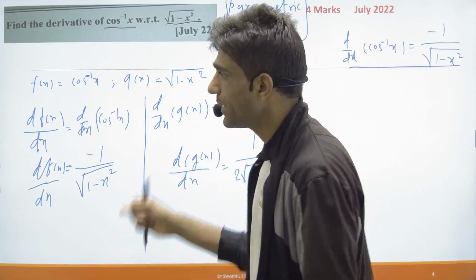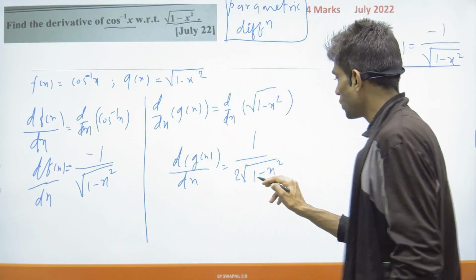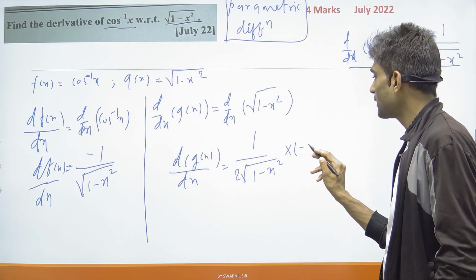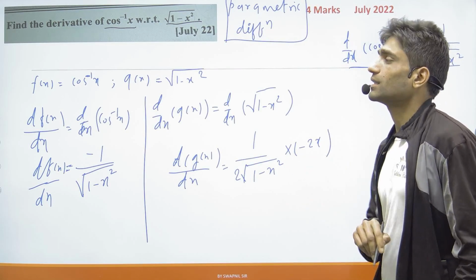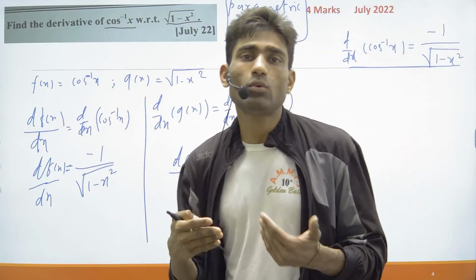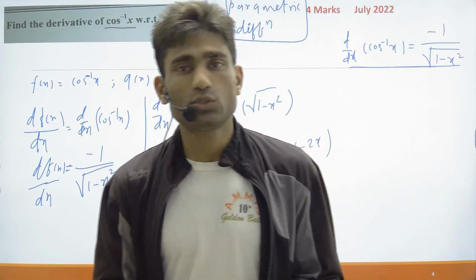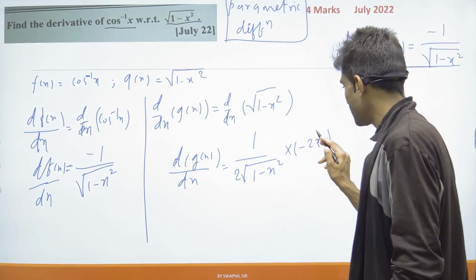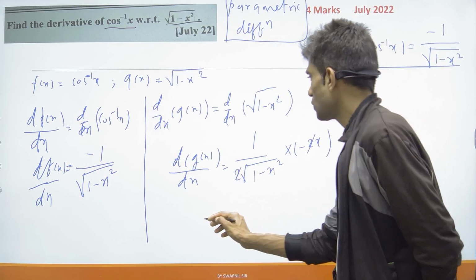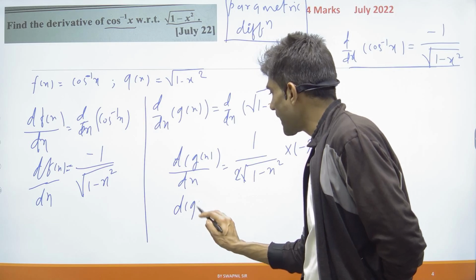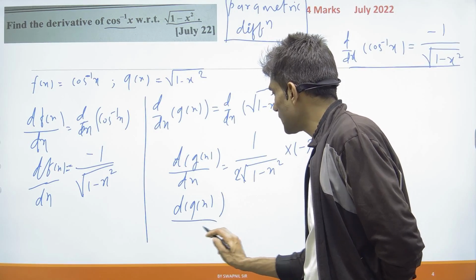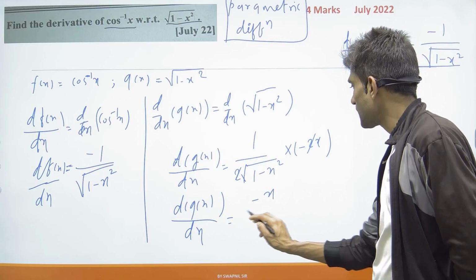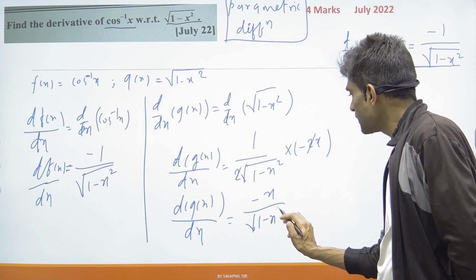Subsequently we differentiate 1 minus x square: the 1 has differentiation 0, and minus x square has differentiation minus 2x, since x raised to n has differentiation n times x raised to n minus 1. So we can cancel that 2, and the derivative of g of x with respect to x can be written as minus x upon square root of 1 minus x square.